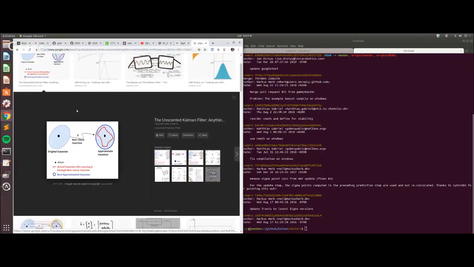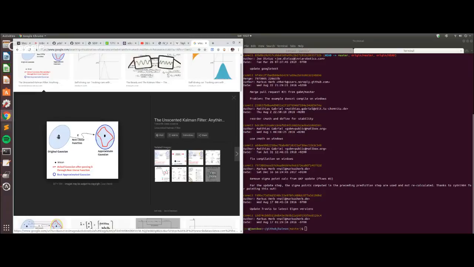The unscented Kalman filter is a little different, but it's a similar idea of sampling. You are sampling about a representative distribution. You believe the underlying distribution is Gaussian, so you sample around that distribution and then transform these points.